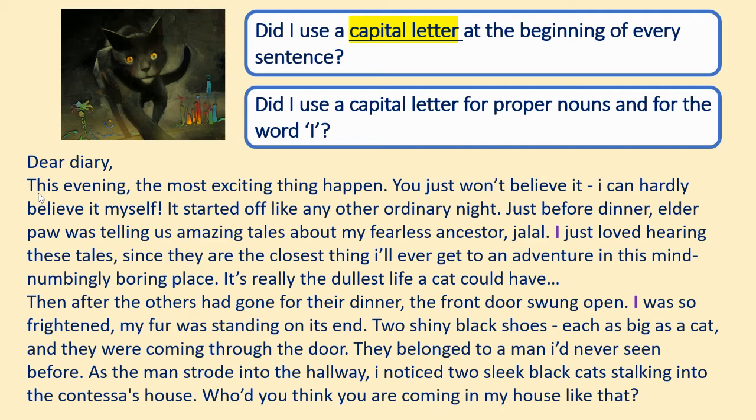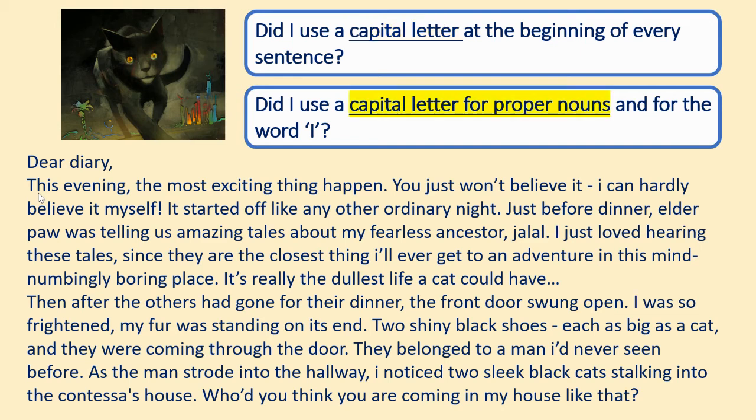We've got the man, but that's not his name, so that's not a proper noun. And we've got the cats, but that's not their name, so that's not a proper noun. But we've also got one more proper noun there, and that is the Contessa. The Contessa's house. That's a proper noun. Her name is Contessa. She is the Contessa. So those are our proper nouns.